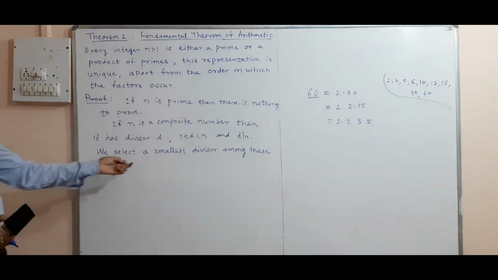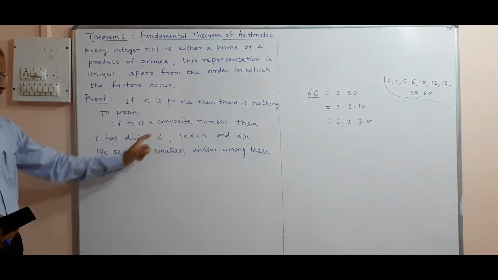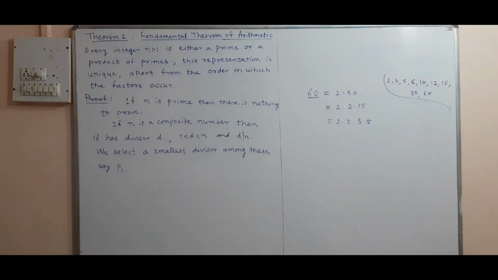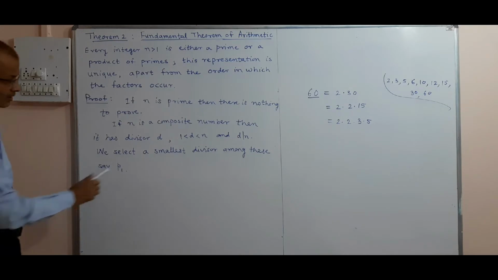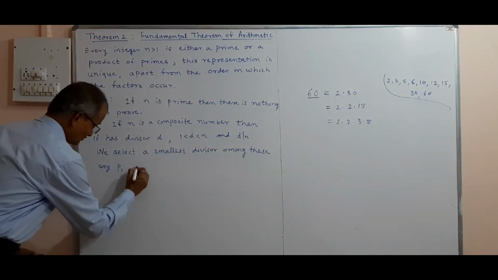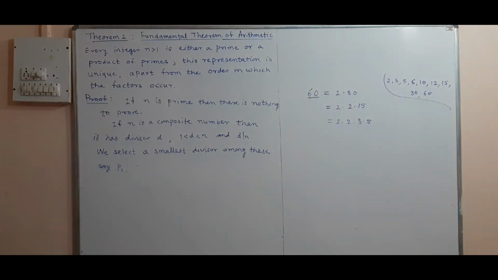P1 is the smallest divisor among these divisors. Then we can write n as P1 into another number n1. And we claim that P1 is a prime.